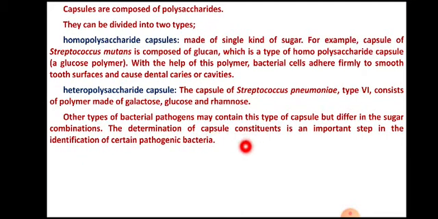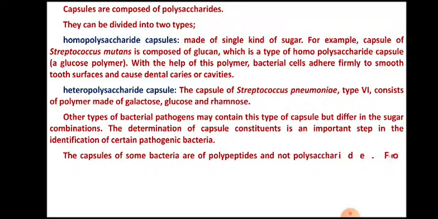So the presence of a capsule is one of the characteristics of many pathogenic bacteria, because with the help of the capsule these bacteria can survive in our body, and this capsule helps these bacteria to establish their population in a particular location or in body tissues, that we'll see under the functions of capsule.